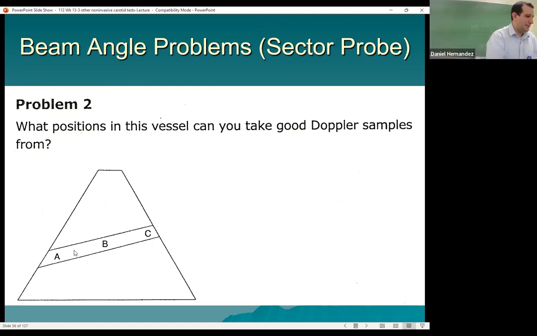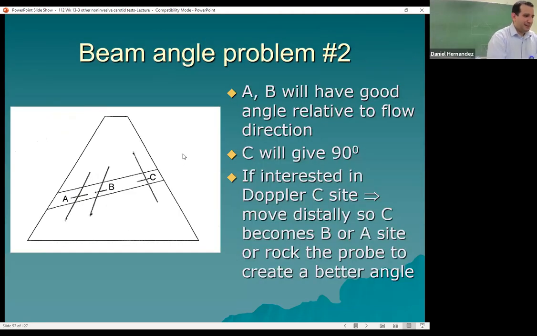Wouldn't you technically be able to do any of them, if you have a position properly? Let's see, B, yes. I think at A you can get a good angle, like coming from the sternum. But not C. C might be a little more challenging. Yeah, at C you're more perpendicular. So A and B have good angles relative to C. At C you're more perpendicular when you come from that angle.